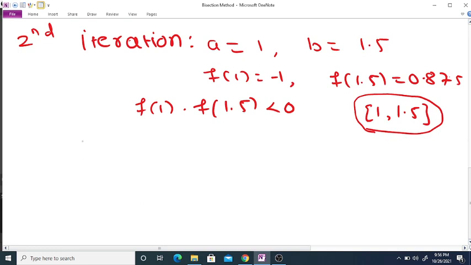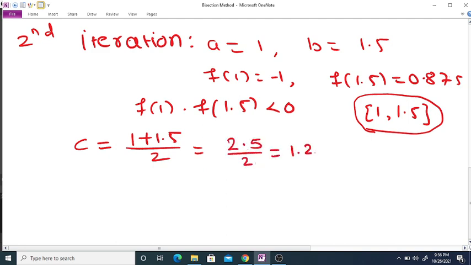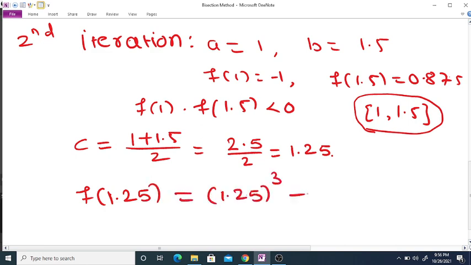Now, in this iteration again we want to determine the value of c, which is 1 plus 1.5 divided by 2, so it is equal to 2.5 divided by 2, which is 1.25, and f of 1.25 is equal to 1.25 cube minus 1.25 minus 1. So, it is equal to minus 0.2969, which is again less than 0.